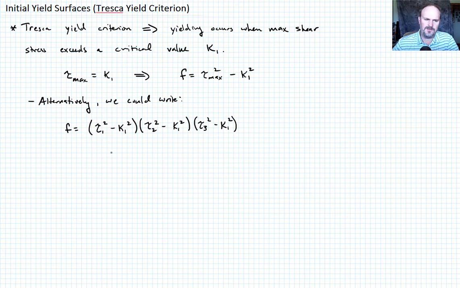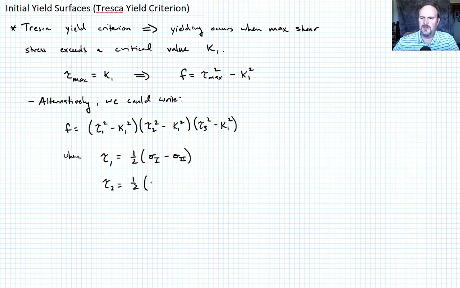That quantity could give us our yield function as well, where we define tau 1 being equal to 1/2, let's say sigma 1, we're in principal stress space, minus sigma 2. We would say tau 2 is equal to 1/2 sigma 2 minus sigma 3, and then tau 3 being 1/2 sigma 3 minus sigma 1. Okay?